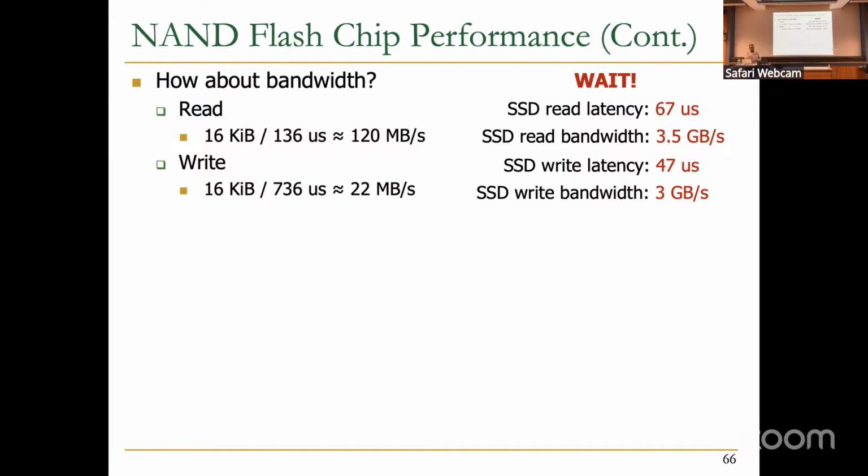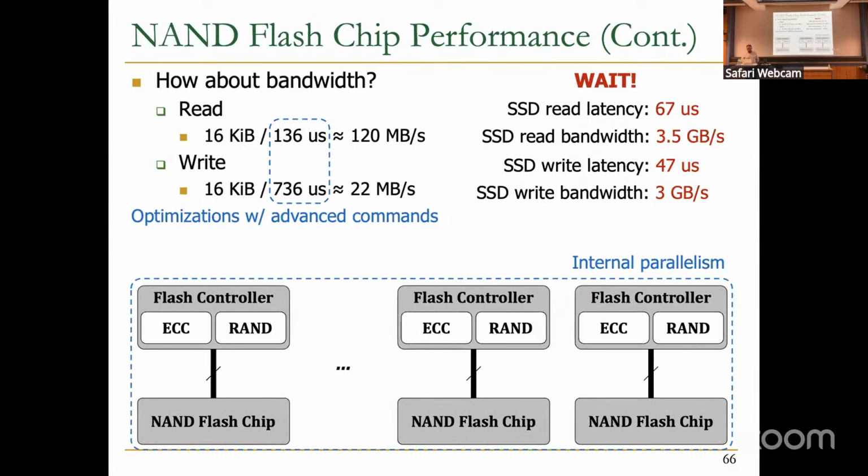On average, you can get much better latency. And when you calculate the bandwidth, again, you have a lot of requests. There is a lot of optimization going on with advanced commands that I'm going to discuss in a bit. But we have internal parallelism, and we also have advanced commands that we can use to optimize these latencies to get better performance.